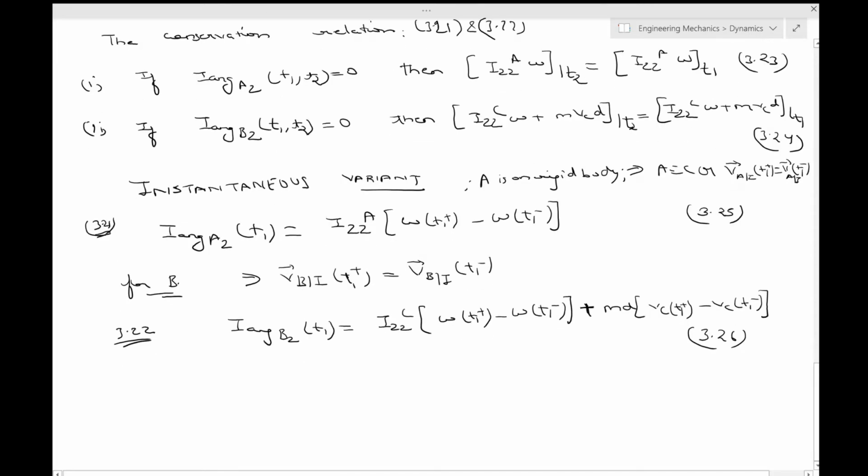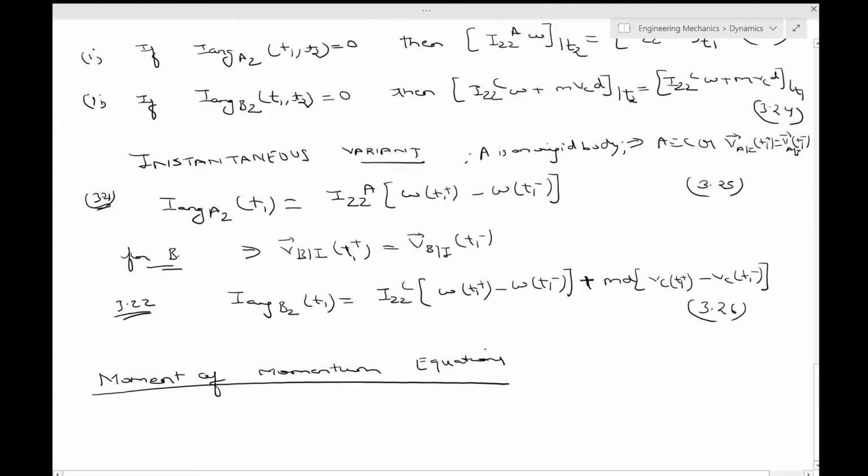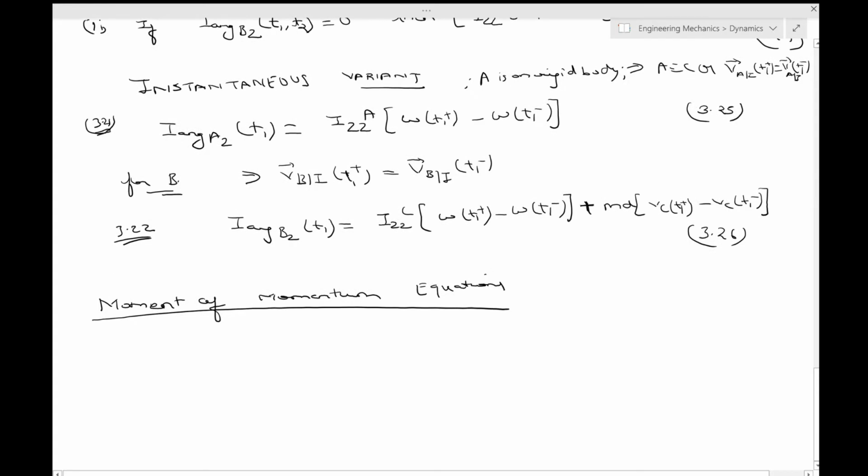Let's now move on to write the moment of momentum equations. What we'll do is apply Euler's axiom in two ways. So let's see the two ways.